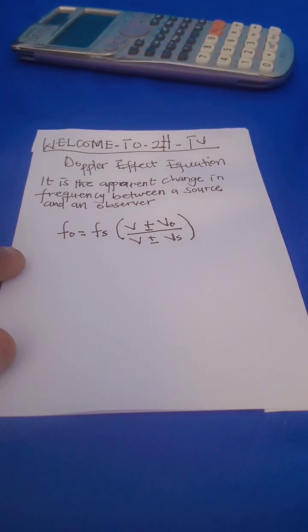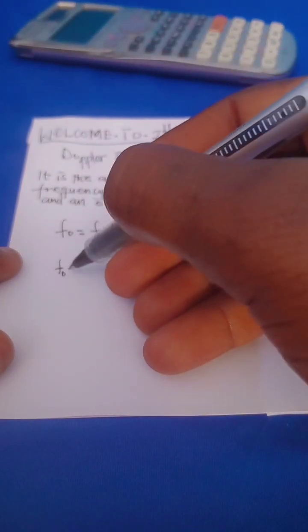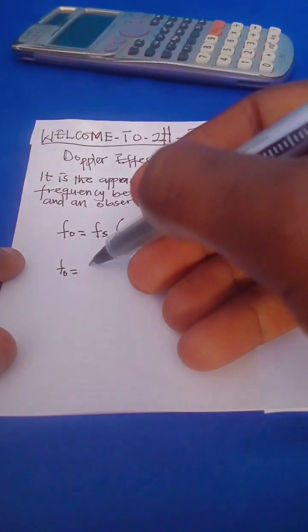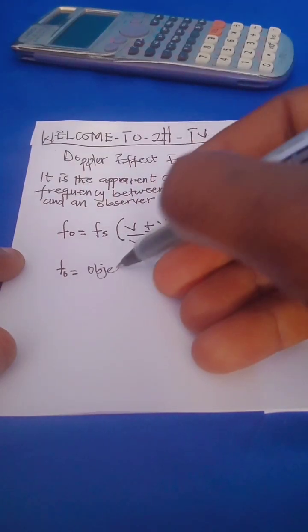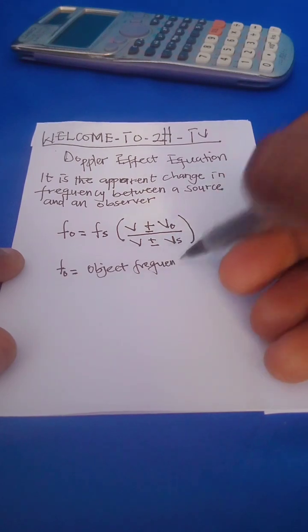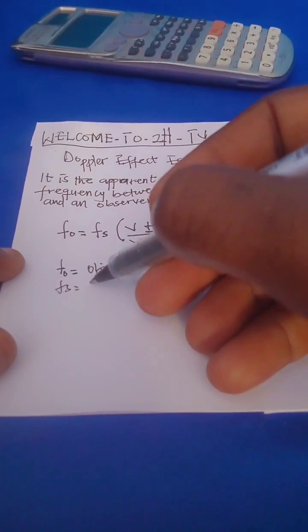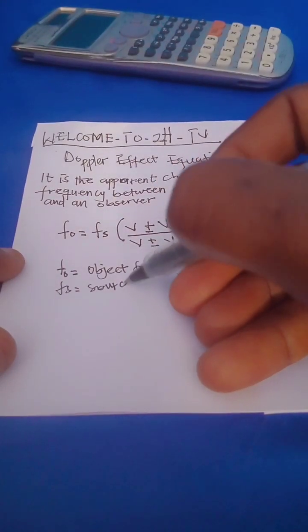Now let's look at what each of them means. FO is object frequency. FS is source frequency.